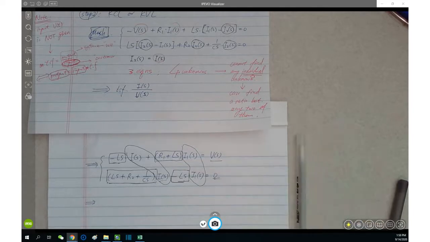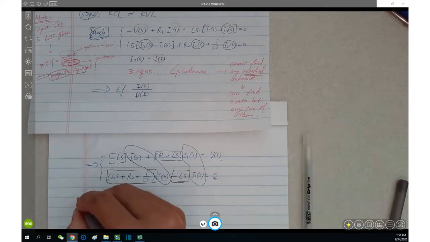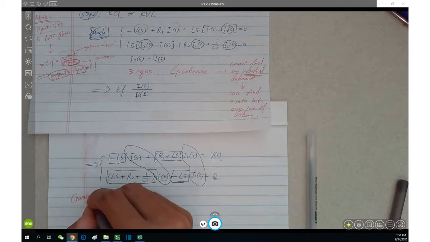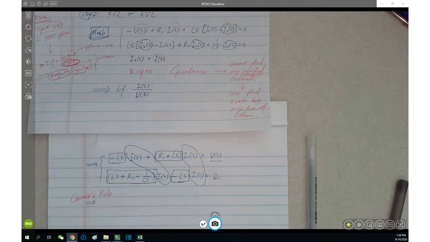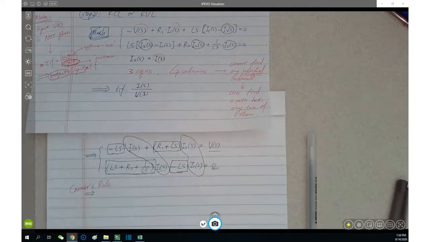You guys know this, right? Have you guys learned Cramer's rule from any math class? Yeah, don't you get one of the variables by themselves? Say that again?